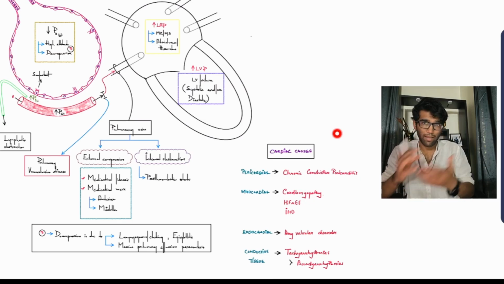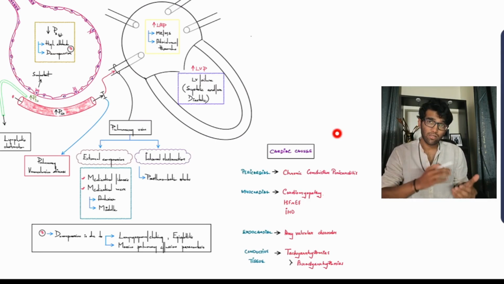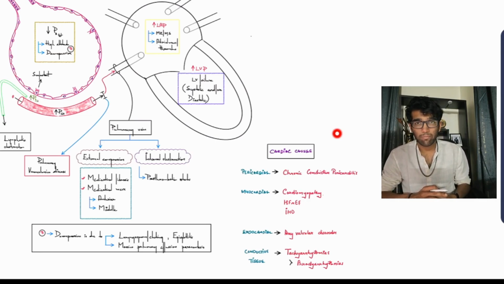All of that would cause back pressure into the left atrium, and the left atrium being in direct continuation with the pulmonary veins, which are in turn in continuation with the pulmonary capillary bed, would result in increased hydrostatic pressure within the capillary bed.